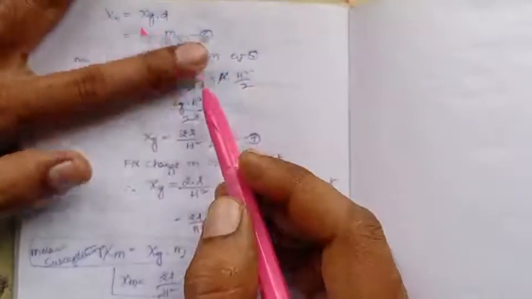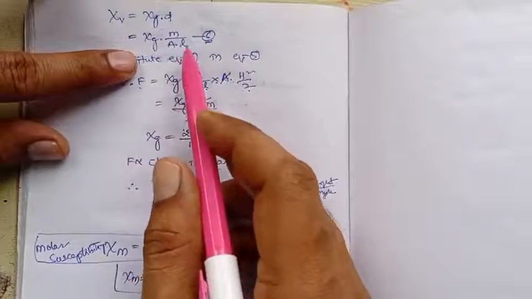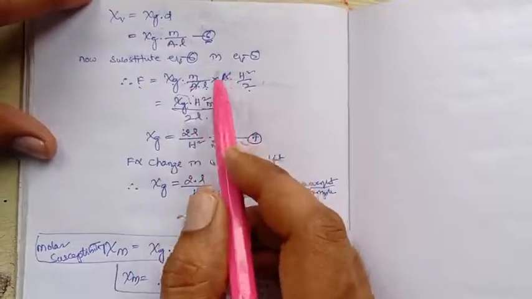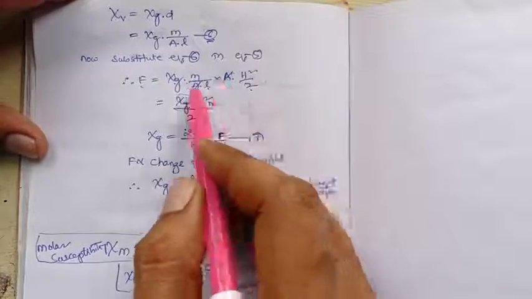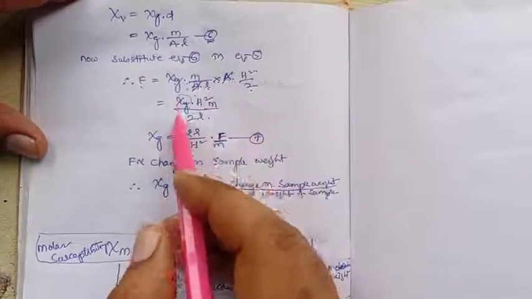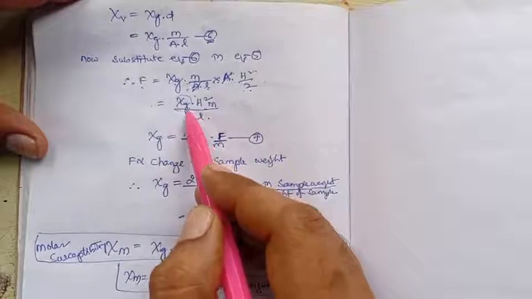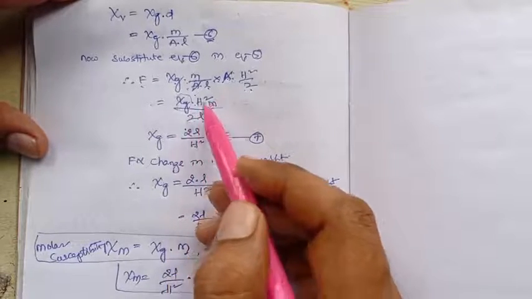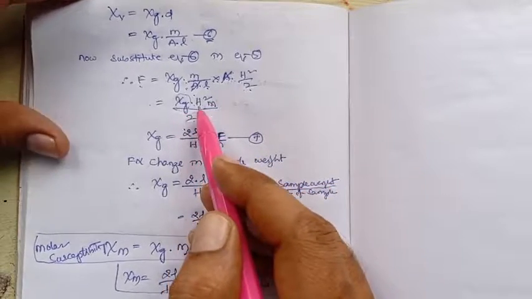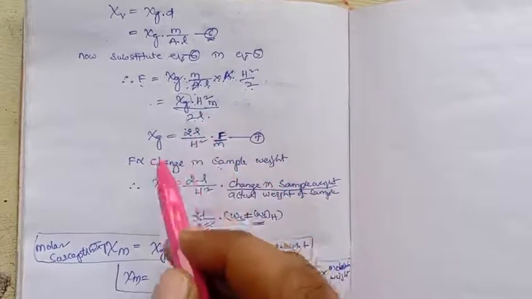In place of volume susceptibility, we substitute from equation number 6, gram susceptibility into m by A l. The A in the numerator and denominator gets cancelled. Finally, the force equals gram susceptibility into h square m by 2l.